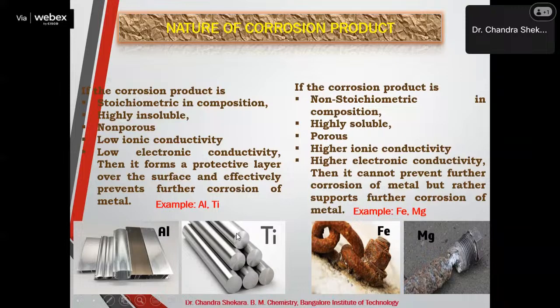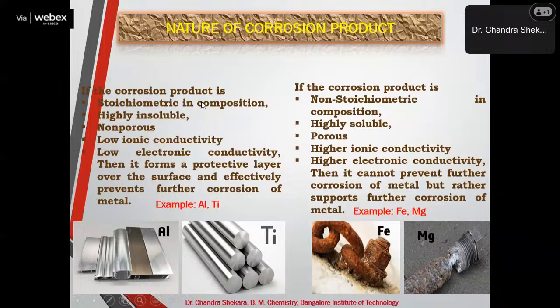But once the outer layer is corroded, the corrosion product is formed on the outer surface of the metal. And the corrosion product which is formed here, aluminum oxide in case of aluminum metal and titanium dioxide in case of titanium metal, these oxides are stoichiometric in composition.